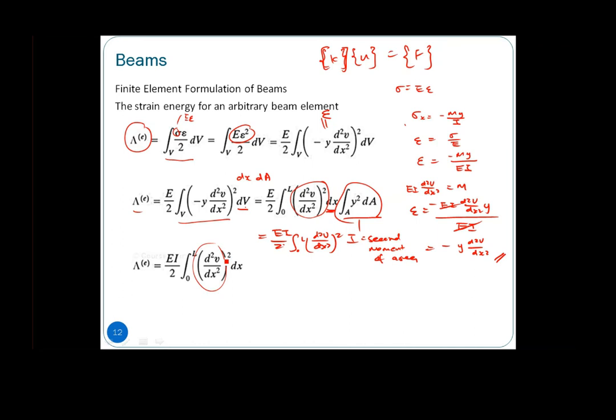Further to that, we can now find our v as Si1 ui1 plus Si2 ui2 plus Sj1 uj1 plus Sj2 uj2. So we can find dv dx, and we can also find d2v dx squared.